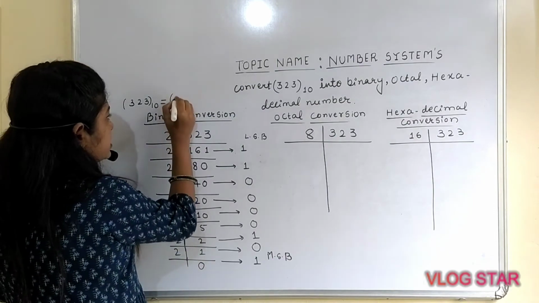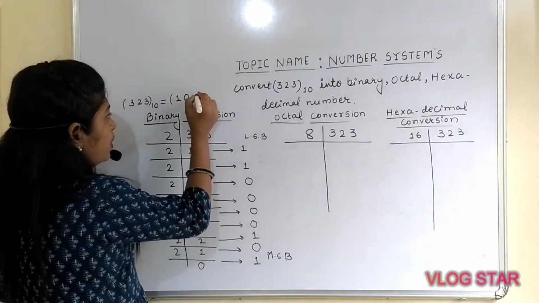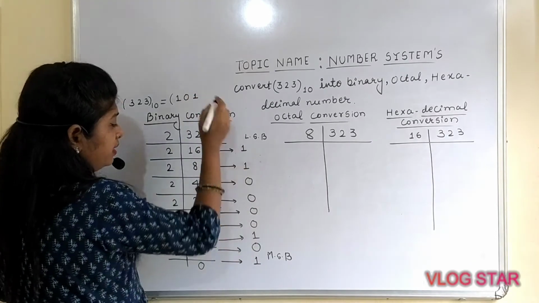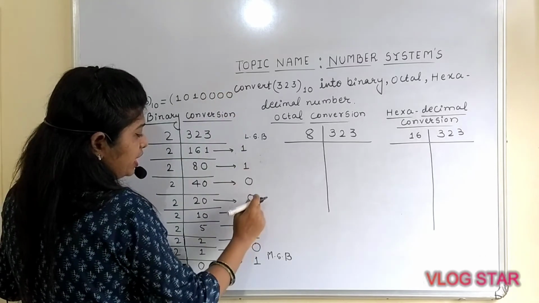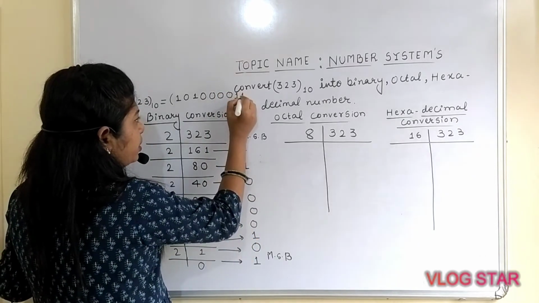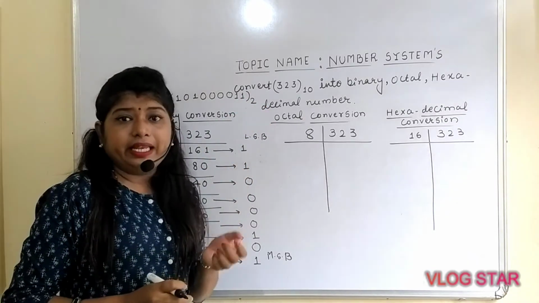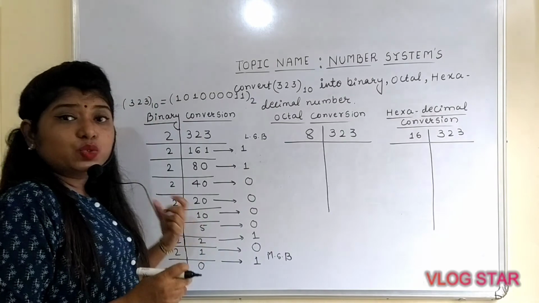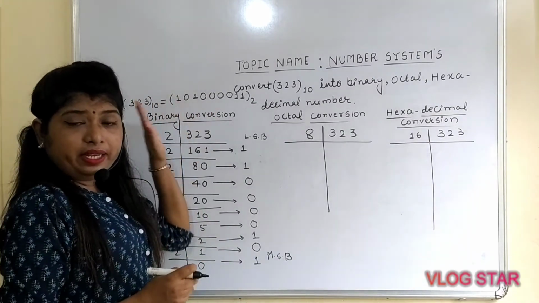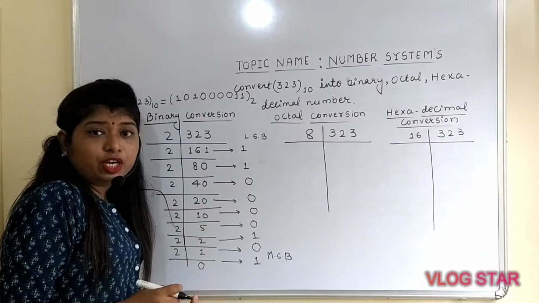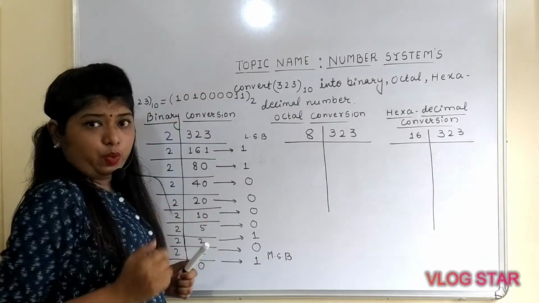Come on, tell me: the first digit 1, second one 0, third one 1, then 0 0 0 0, 4 times zeros, and then you need to assign 1. After that you have to assign base as 2, because we are converting decimal number into binary number. I hope you have understood the first conversion, that is decimal to binary conversion.